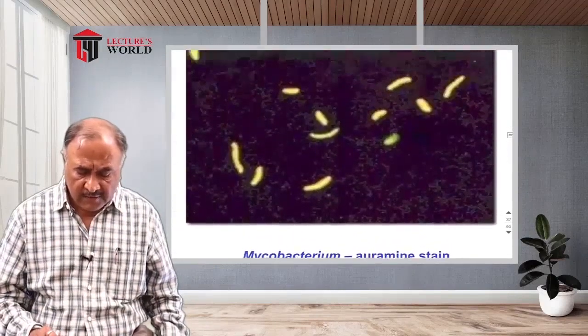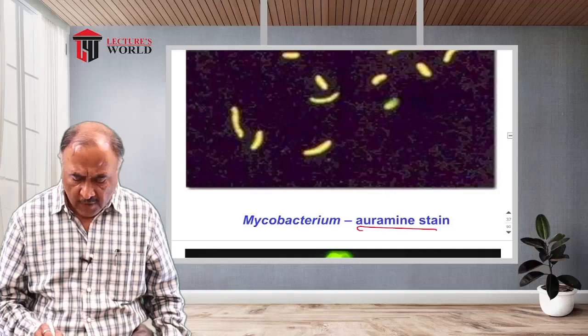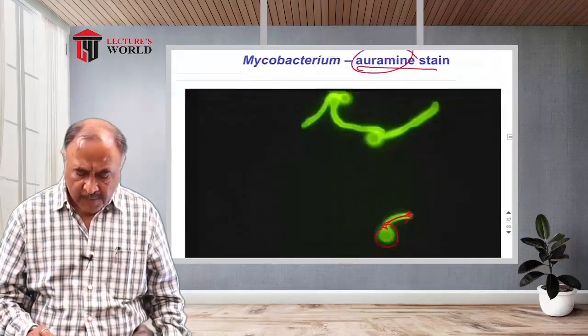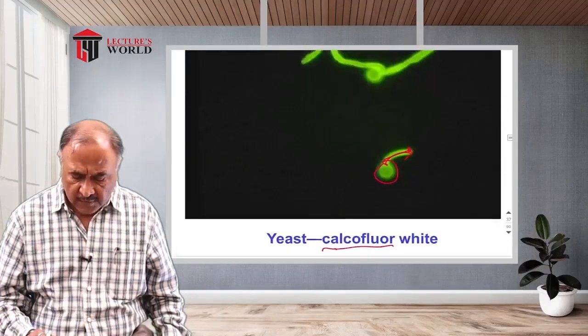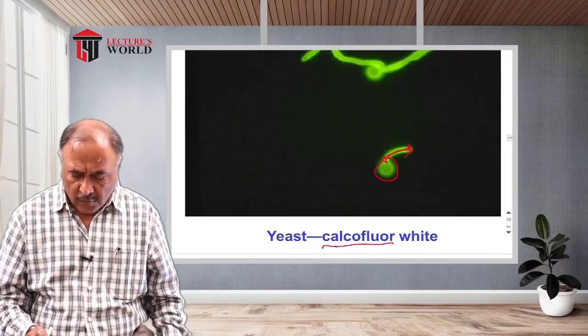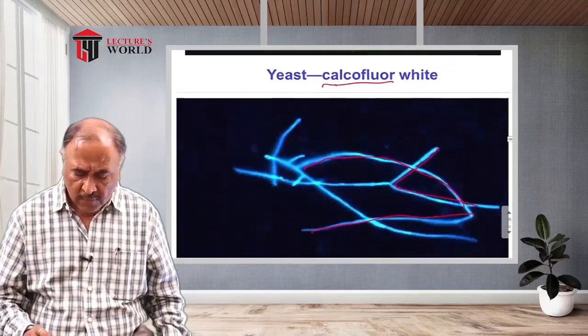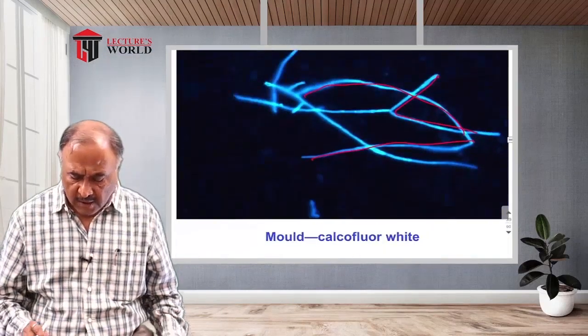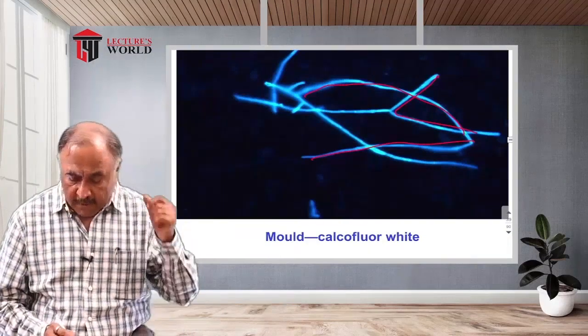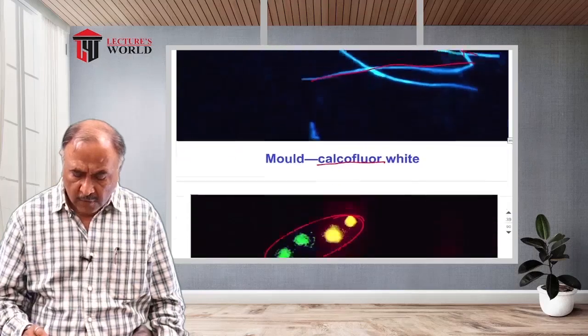Here in this technique, the mycobacterium is stained by a stain known as auramine. This is a yeast stained using calcofluor white. This is fungal mycelia stained by the same fluorescent dye, calcofluor white.